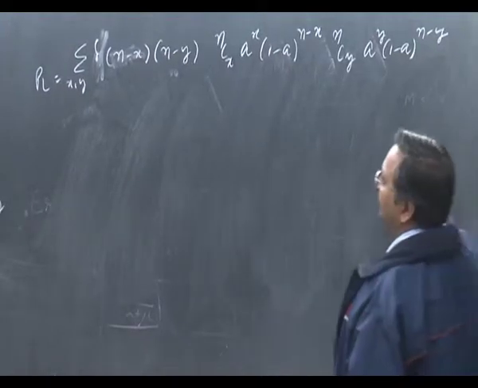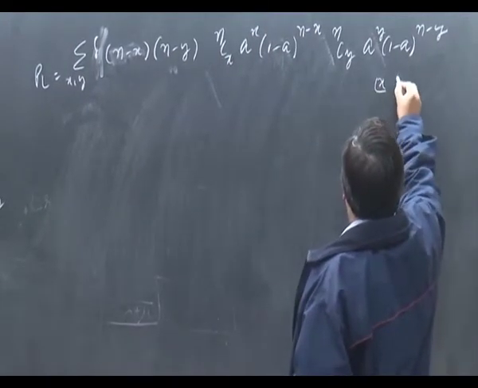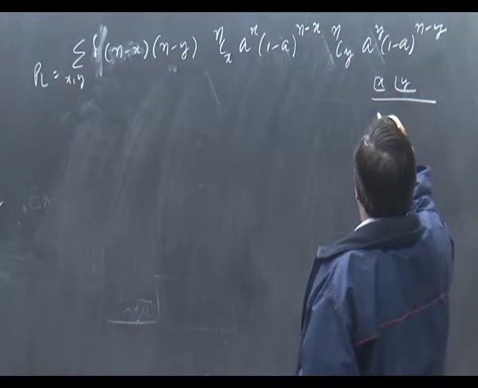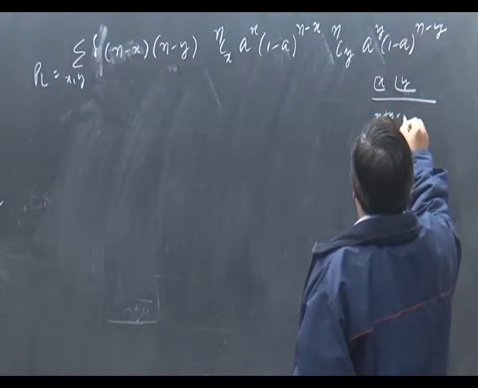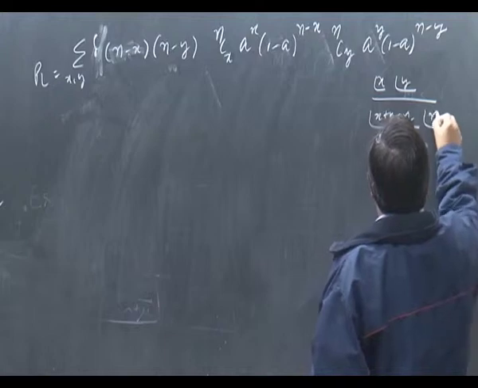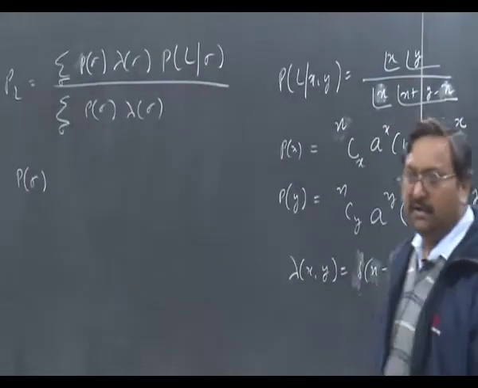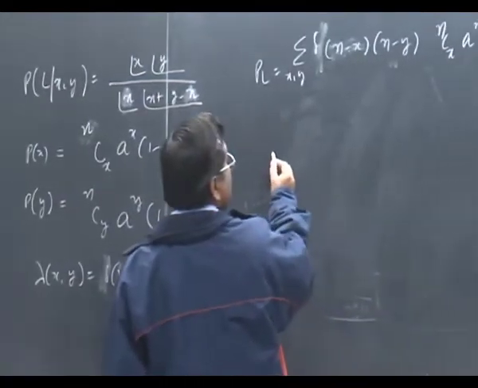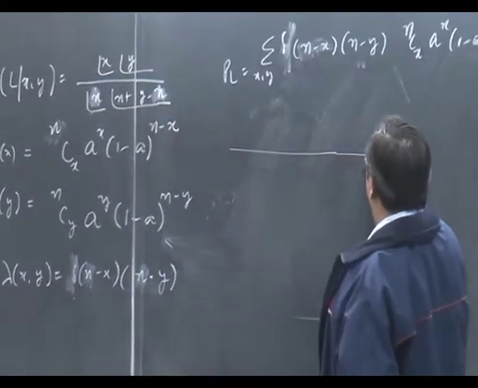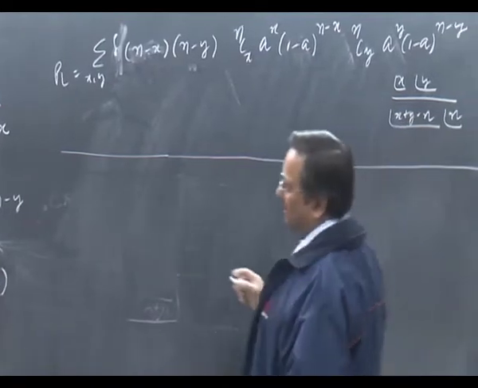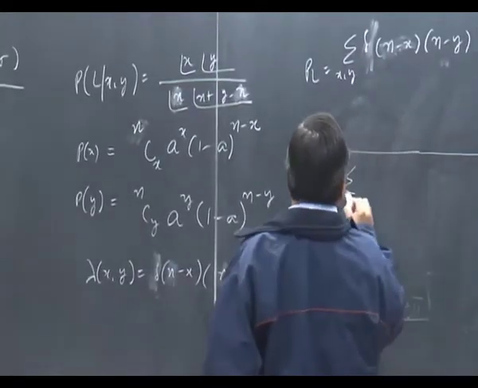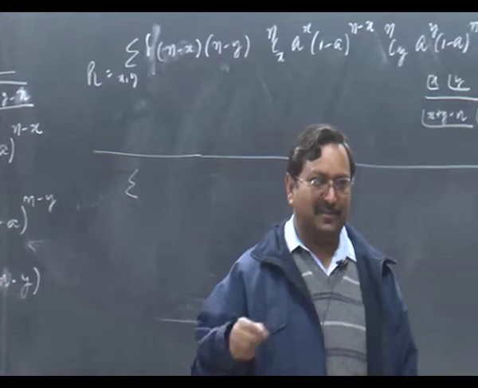Now conditional probability: x factorial y factorial divided by x plus y minus n factorial. So the numerator part has been done. What I will do is I will try to solve this equation, and I will go slow, because you have to rewrite the equation. I can erase the board and do it.